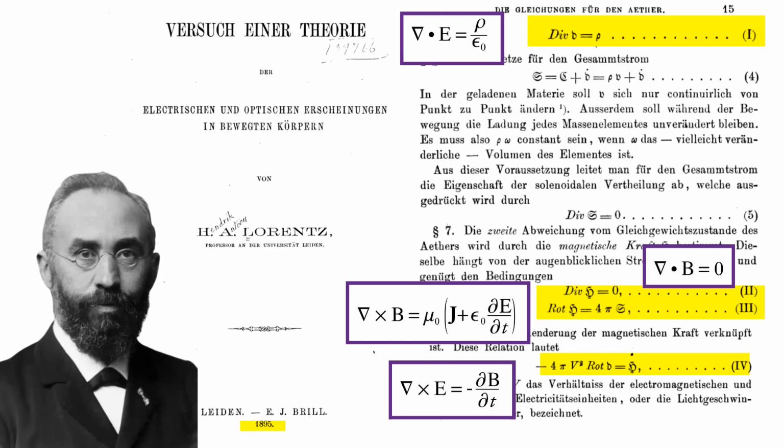So if Maxwell didn't cause people to think he had 4 equations, and Heaviside didn't cause people to think Maxwell had 4 equations, then who did? Well, it wasn't Maxwell, and it wasn't Heaviside, and it wasn't Gibbs. It was actually Heinrich Hertz in 1895.